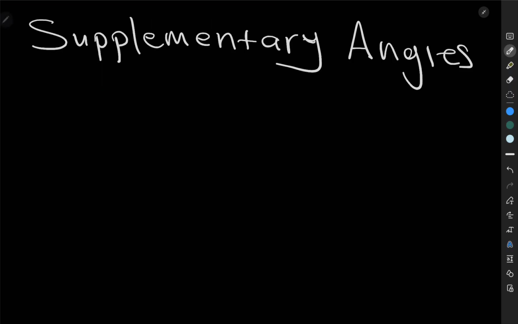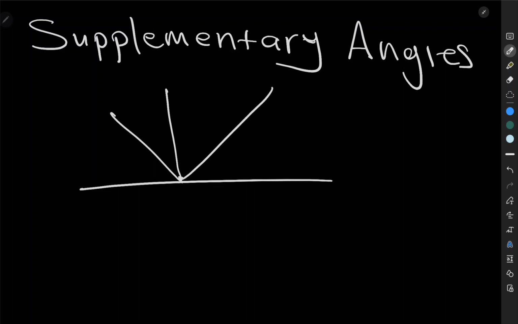Okay, so the first part of the video, I want us to talk about supplementary angles. And what do we mean by supplementary angles? Basically, let's say, for example, we have a straight line, and this straight line forms a bunch of angles, right?